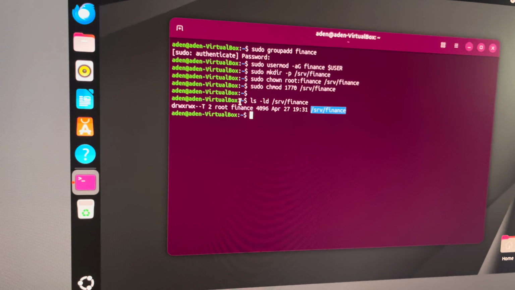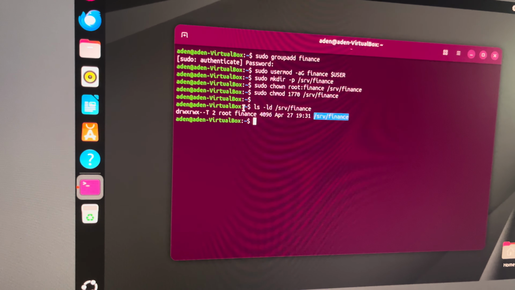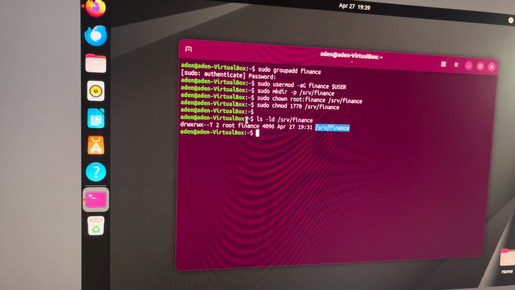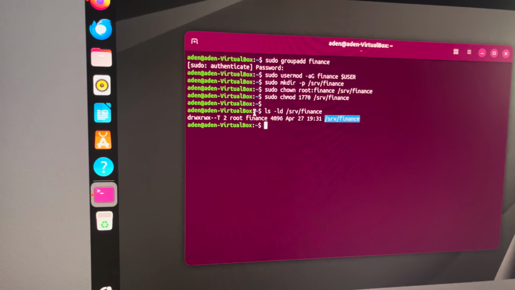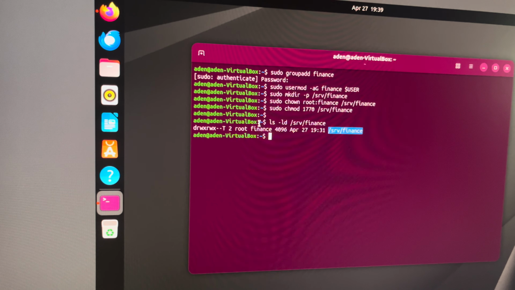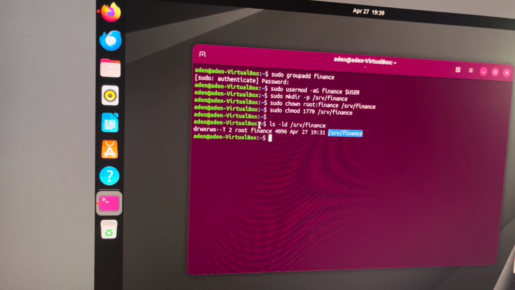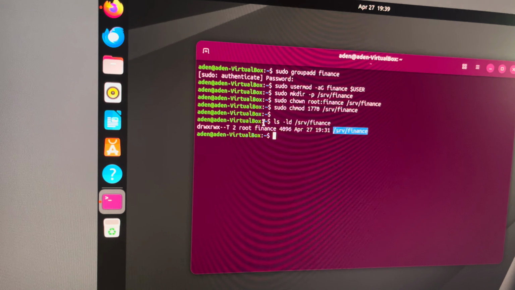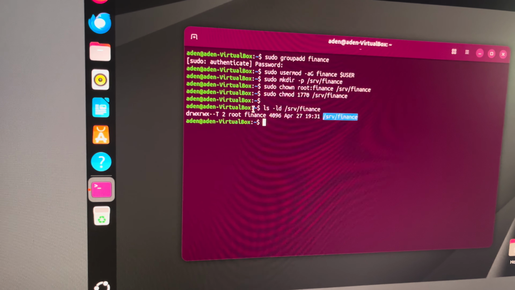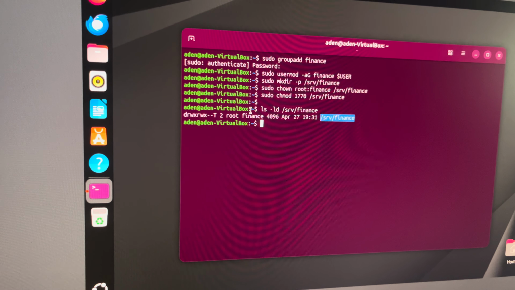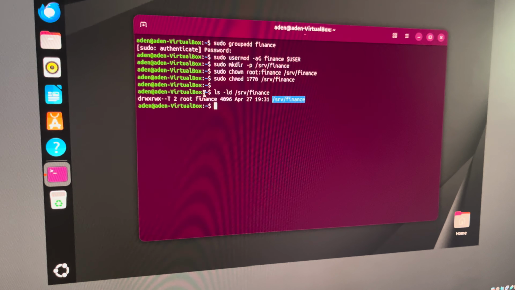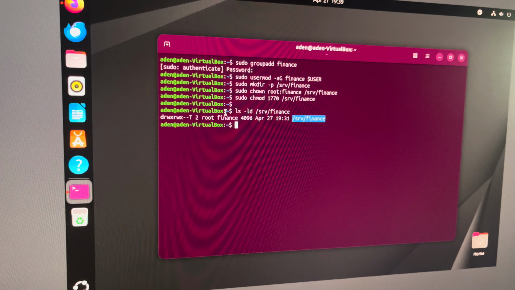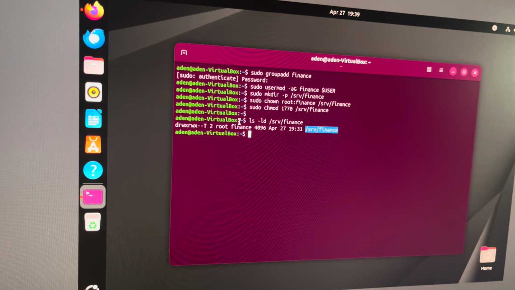And the verification, which is ls -ld finance, points out what the T at the end does in the permission string, which proves that the sticky bit is active. And this is what I did for the file permissions and ownership directory.